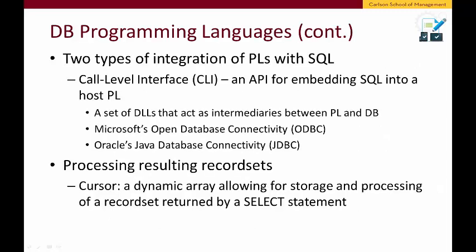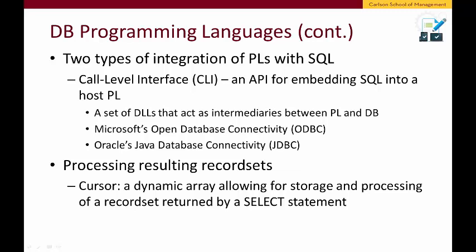The second type of integration of PLs with SQL is the call level interface, CLI, which is an API, application programming interface, for embedding SQL into a host PL. There is a set of dynamically linked libraries, or DLLs, that act as intermediaries between the programming language and a database system.